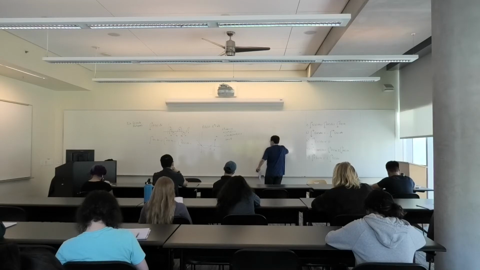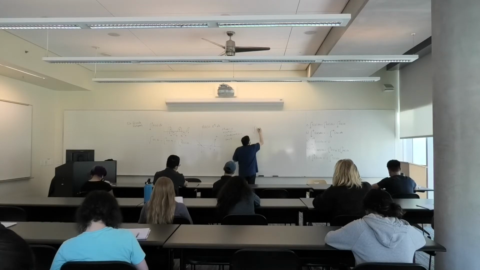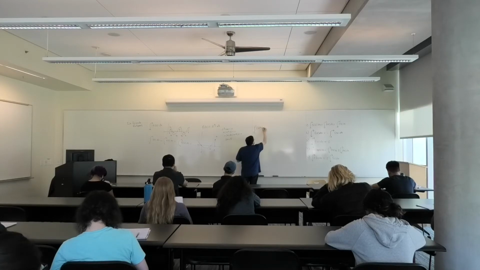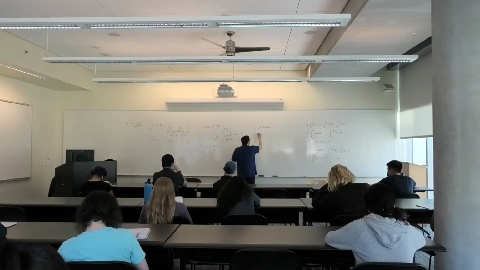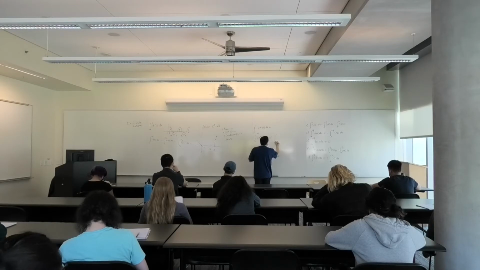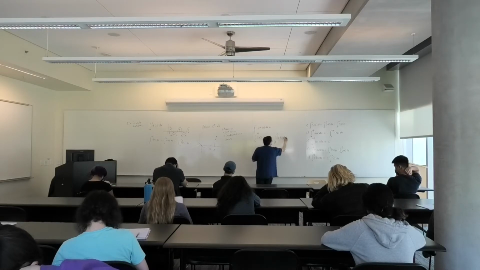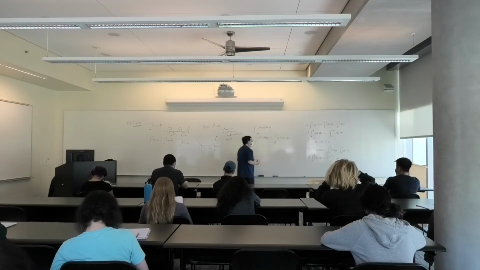Okay, so we want to find the integral from 0 to 3 of the absolute value of x cubed minus 6x dx, which is the integral from 0 to the square root of 6 of the absolute value of x cubed minus 6x dx, plus the integral from the square root of 6 to 3 of the absolute value of x cubed minus 6x dx.